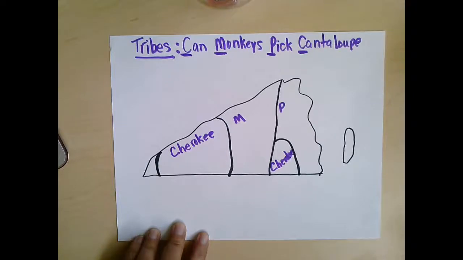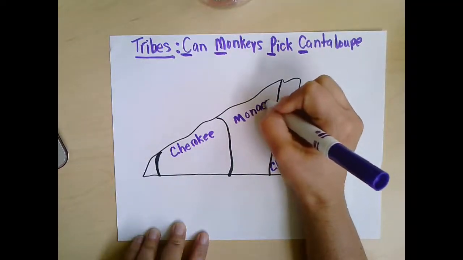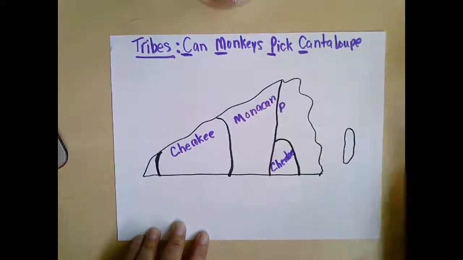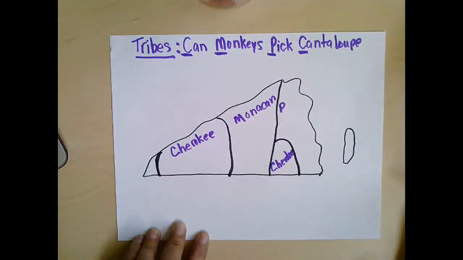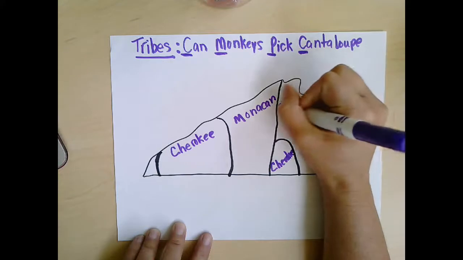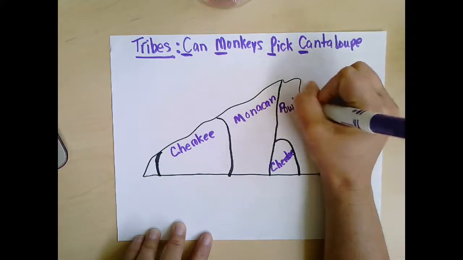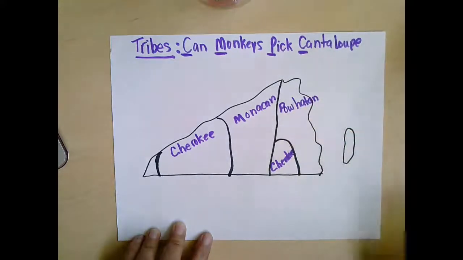The next tribe is the Monacan, and they live mostly in the Piedmont region. Okay? And the next tribe is the Powhatan tribe, and they live mainly in the coastal plain region.